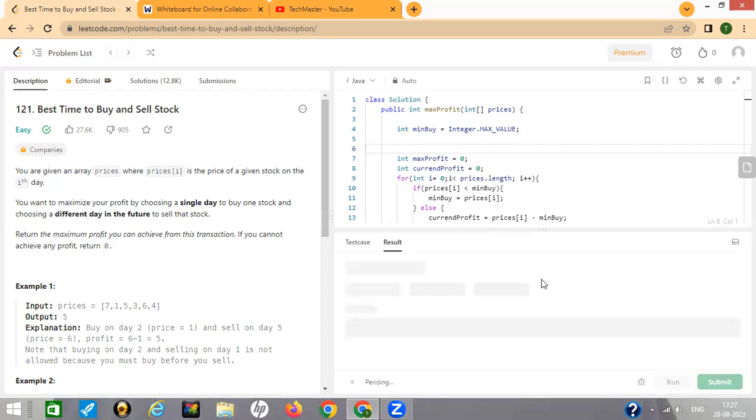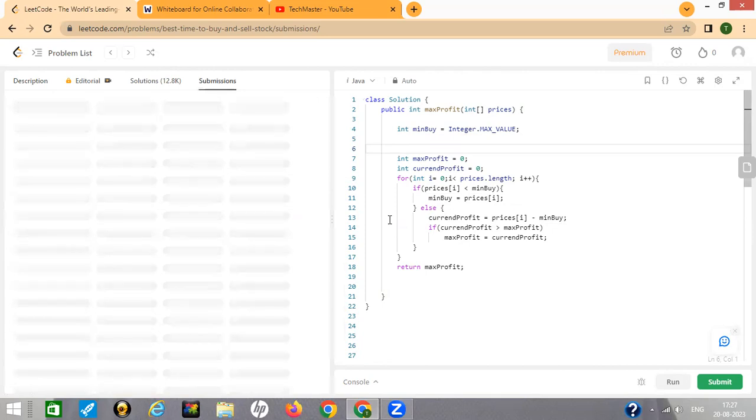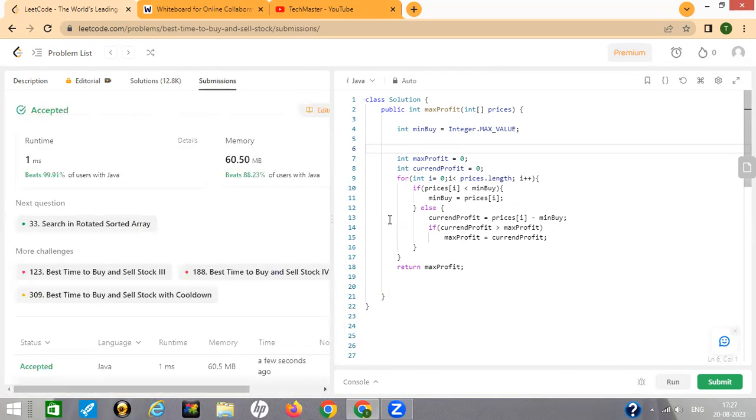Let's submit. So our solution is accepted, and it even beats 99.91% of users with Java, and memory wise it's good.